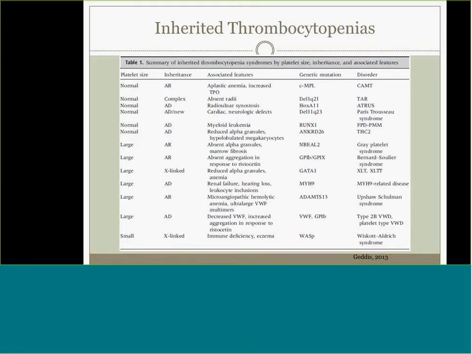Congenital thrombocytopenias, I break them down into, are they macrothrombocytopenias? They have large platelets. In that group I think about Bernard-Soulier, the MYH9-related diseases, and type 2B von Willebrand's disorders. Are they microthrombocytopenias? Those are classically the Wiskott-Aldrich, the little boys. And the normothrombocytopenias, congenital disorders like CAMT and Thrombocytopenia-Absent Radius syndrome.